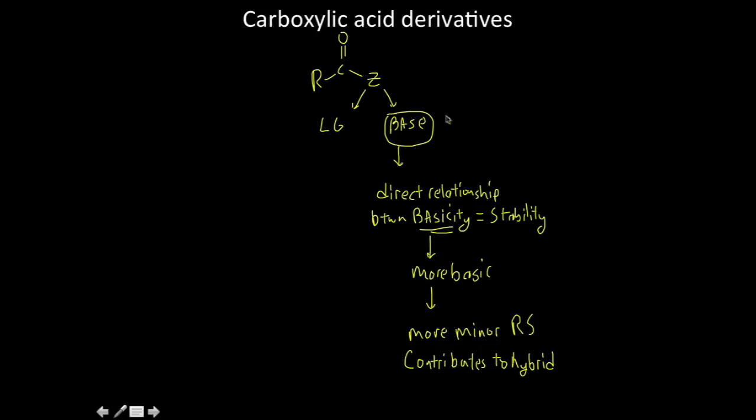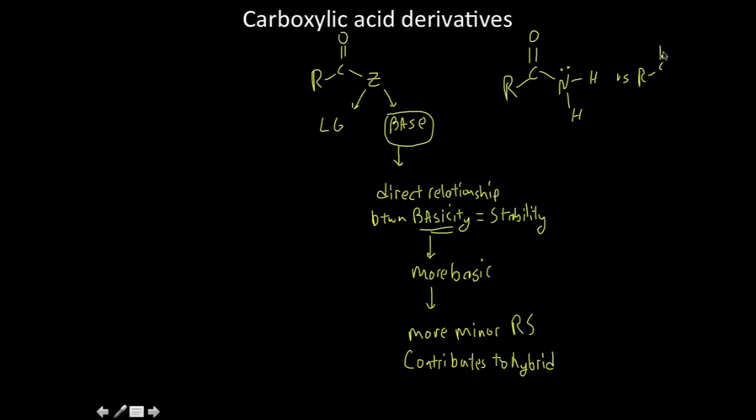I'll try to pan out an example of this. I'll use an amide as an example, and then compare that with an acid chloride. So here we have an amide, and it doesn't matter what the identity of those hydrogens is, it can be an R group. And then I'm going to compare that with an acid chloride.